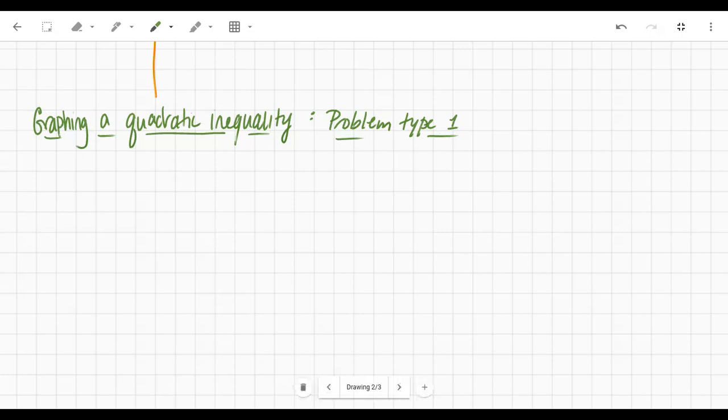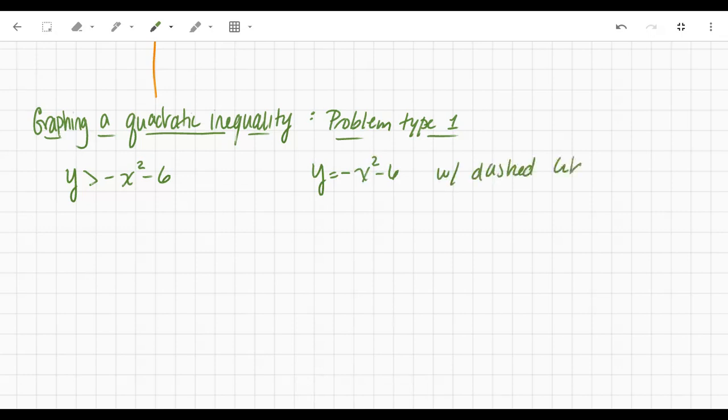Okay, so we're going to graph y is greater than negative x squared minus 6. Okay, and it's the same thing as when you do the one for a line. Okay, we just want to graph y equals negative x squared minus 6 with a dashed line. Okay, and then we're going to shade above it. Okay, so that's all we need to do.